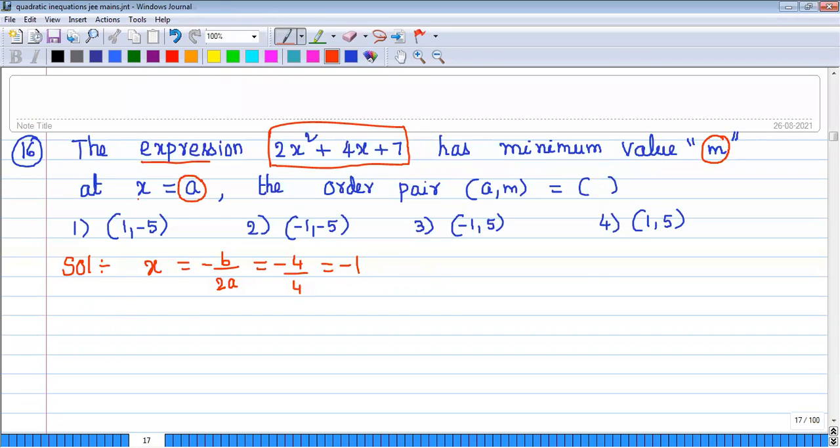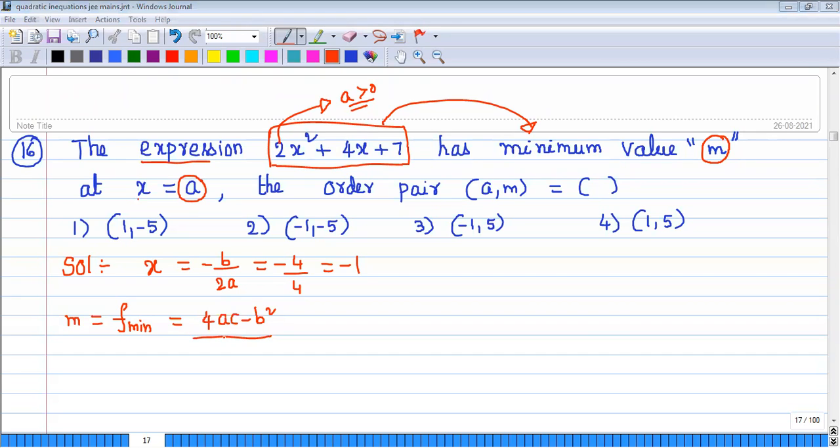Since the coefficient of x square is positive, a is greater than 0, so it has a minimum value. The minimum value is m, which is 4ac minus b square by 4a.